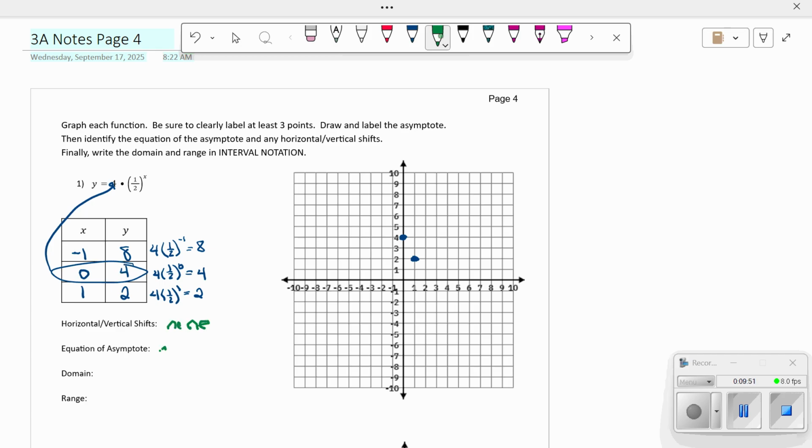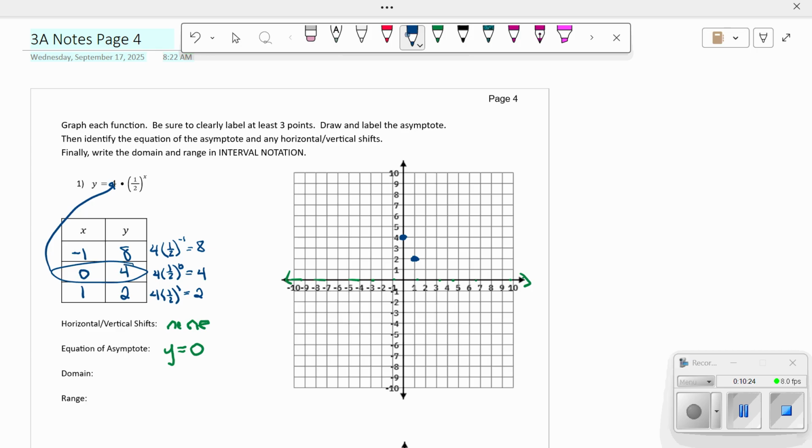I have none, and I have none. That puts my asymptote at the default position. When there are no shifts, the asymptote's at the default. The none and none was for my left, right, and up, down, which puts me at the default asymptote, which is y equals 0.